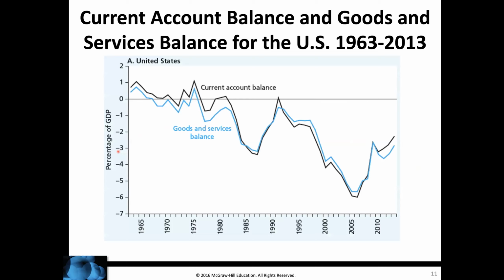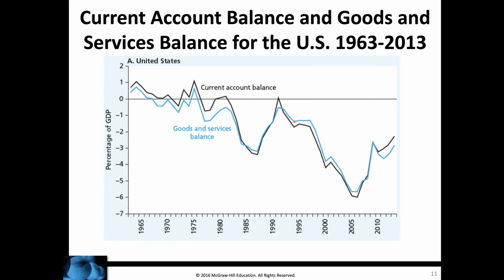Here we're going to see this chart. This ranges from 1963 to 2013. So we've got 50 years of data here showing the current account balance and goods and services balance for the US. The black line is our current account balance.